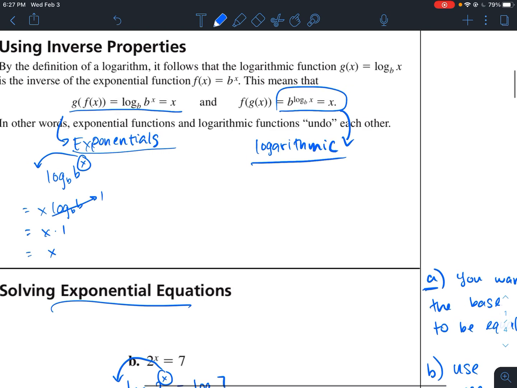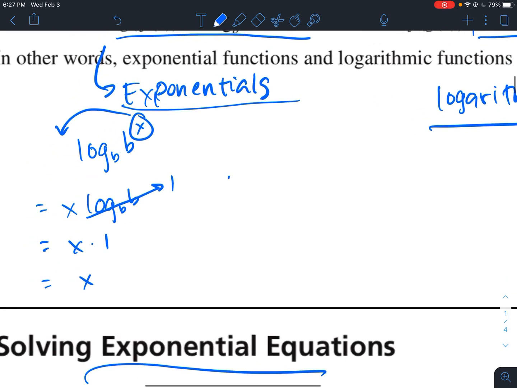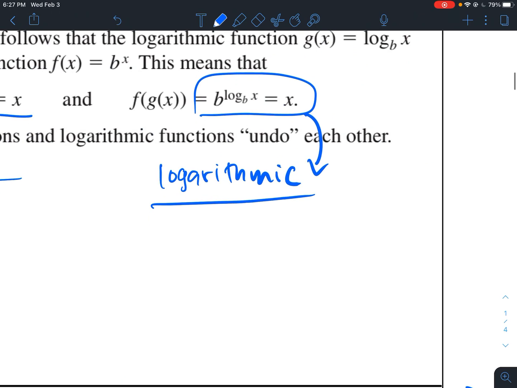Likewise, over here we talked about how log base b of b is equal to 1. Now look at this expression. We have b raised to the log base b of x. This right here is your exponent, and this is the exponential base. This expression says that this is equal to x.